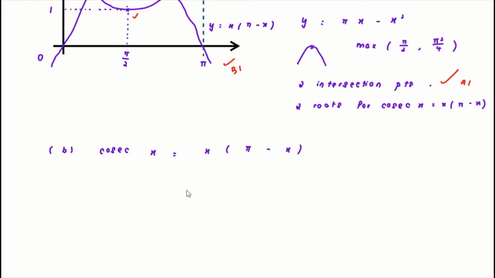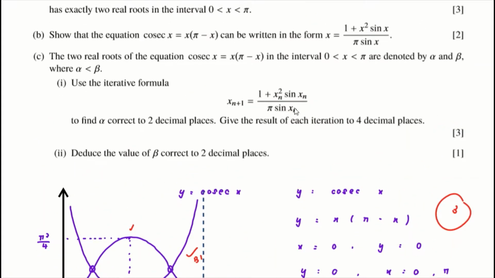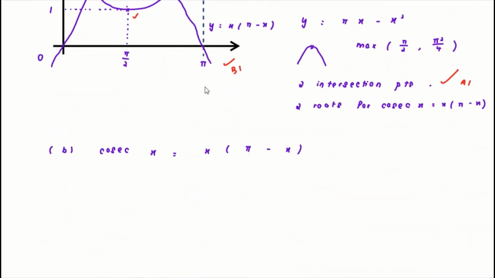In what you want to show, you are only left with sine, so what they try to do is change the cosecant. The first thing we can do is write 1 over sine x. Then you get 1 over sine x equals x(pi minus x).